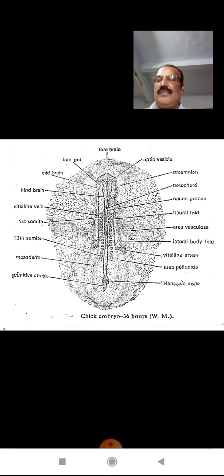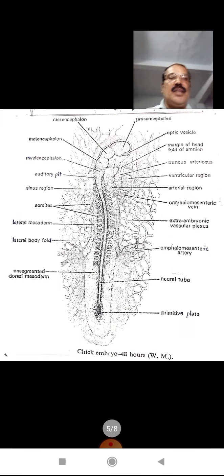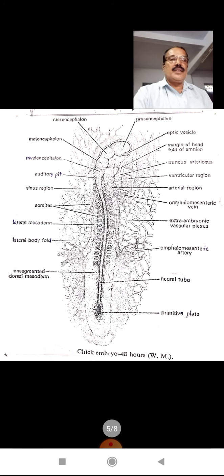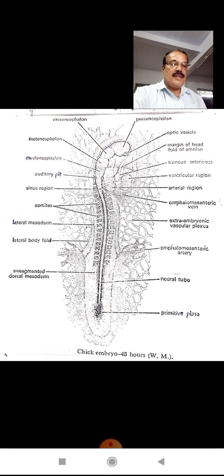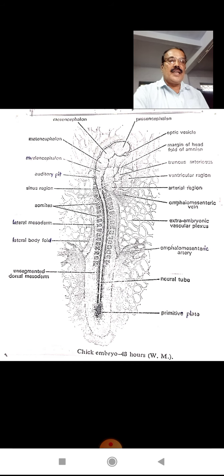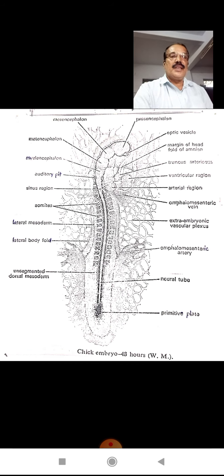Next, we'll discuss the 48 hours chick embryo. The embryo appears like a question mark. It is one of the basic points to identify the 48 hours chick embryo. Cranial and cervical features are distinct.